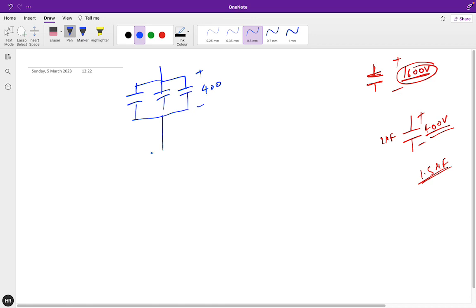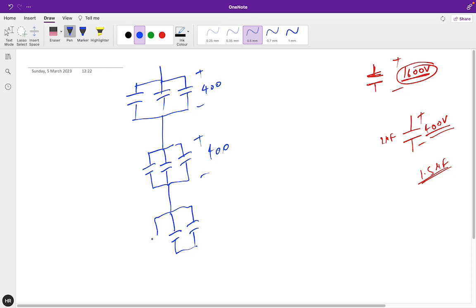Similarly, if you connect capacitors in parallel, this is also plus minus 400, and similarly if you connect three capacitors in parallel, this is also plus minus 400.